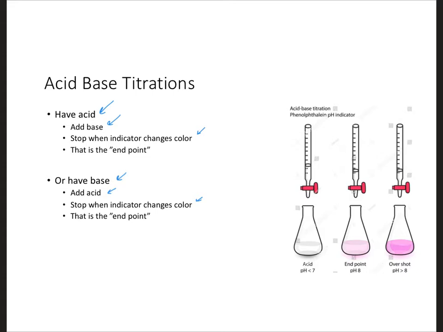But now that we're in Gen Chem 2, we've been talking about equilibrium systems. We've been talking about weak acids and weak bases. So when we're talking about titration now, we're talking about taking a weak acid and adding in some strong base. We're talking about having a weak base and then adding in some strong acid.